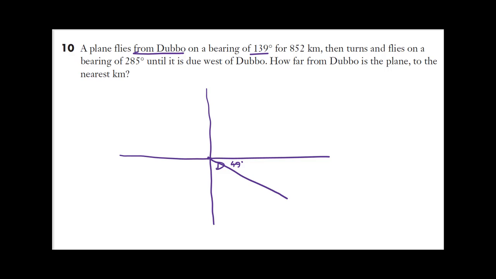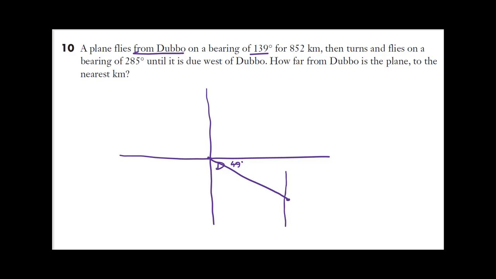Then it turns and flies on a bearing of 285. So from this point here, imagine there's a north, south, east, west here. 285 will be back almost the way it came. It might even be down here.